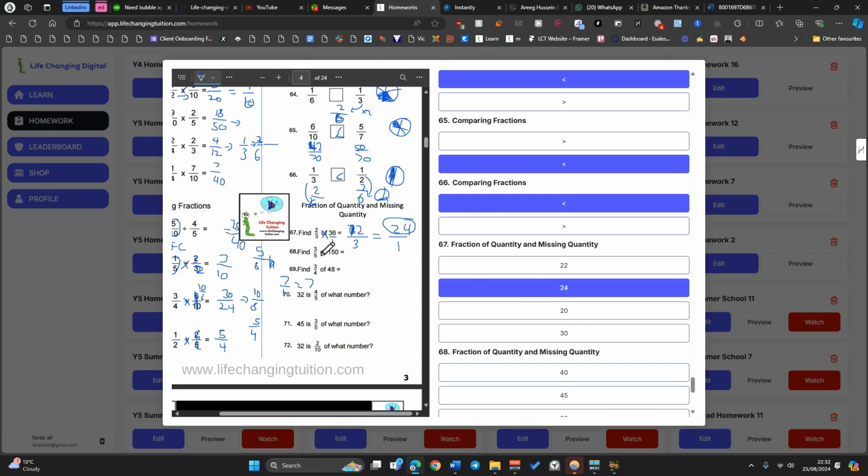Okay, 3/5 times 150. Of course, 'of' means times. So we make this into 150 over 1. So 5 times 1 is 5. And 3 times 150, what you can do is think of what's 3 times 15. If you think about 3 lots of 15, it's 45. And then you just add the 0.